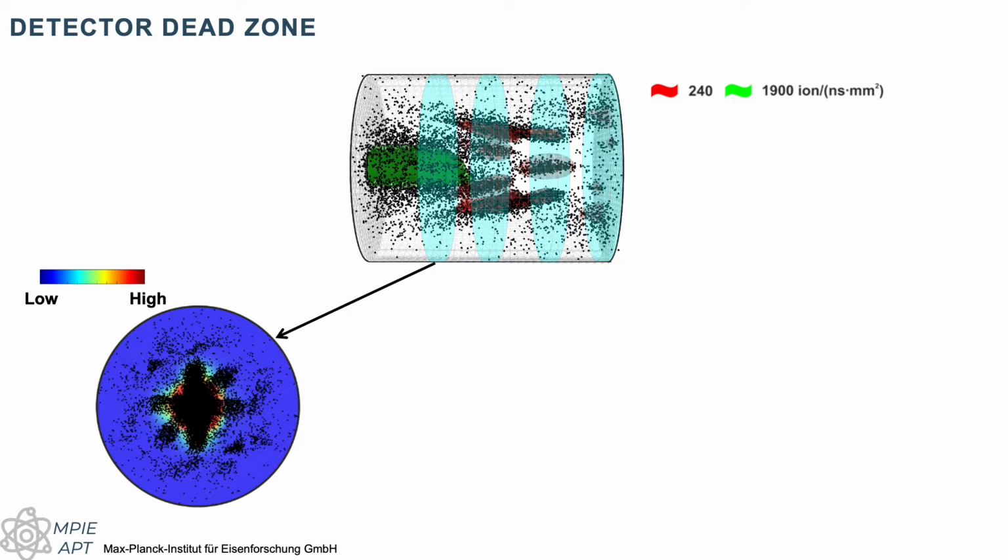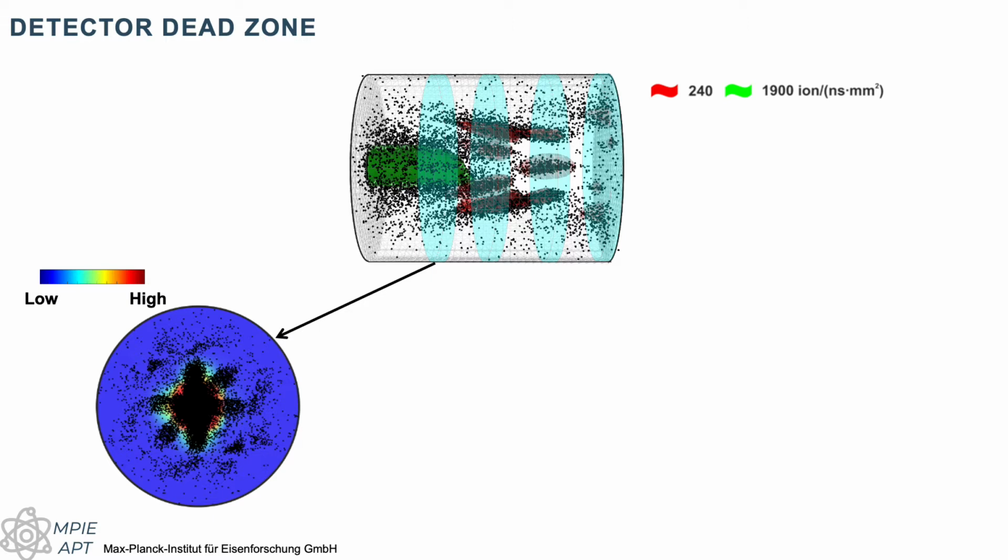And this resembles the organization of the lines of the delay line detector, with two lines at 90 degrees and a third one at 45 degrees. And this indicates that when the signals are overlapping too much with each other, then there's a higher likelihood that one of the signals gets lost.